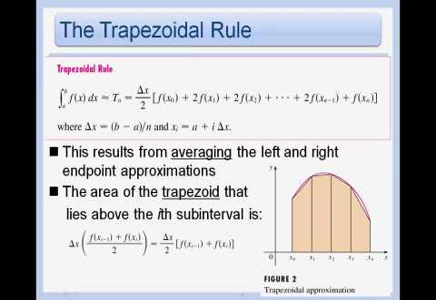So now we're going to learn the trapezoidal rule. What the trapezoidal rule does is, instead of creating a rectangle underneath, you're going to create a trapezoid, and you're going to just add up the areas of those trapezoids. This is one of the trapezoids that we want.